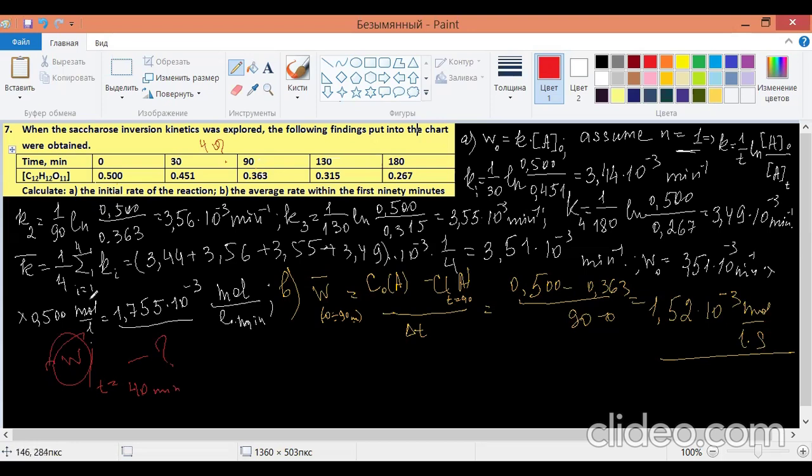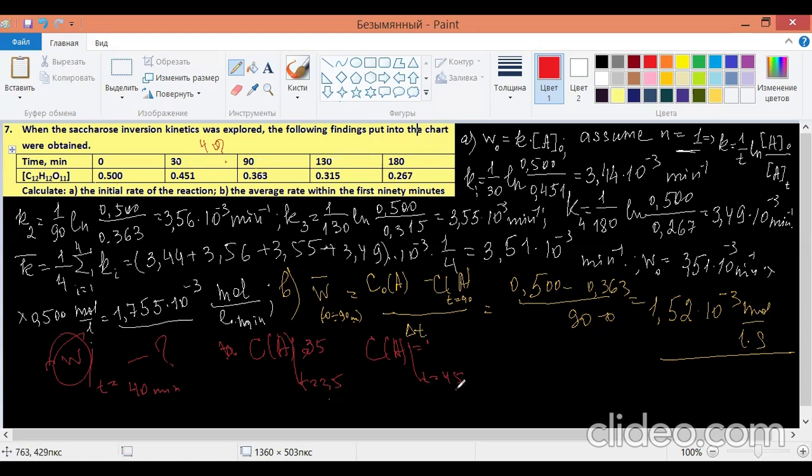In order to get the rate, we can find from the graph the concentration at 35 minutes, and the concentration of saccharose at 45 minutes, very close to each other.